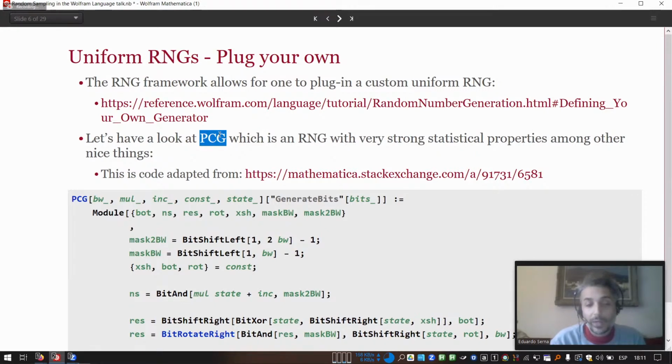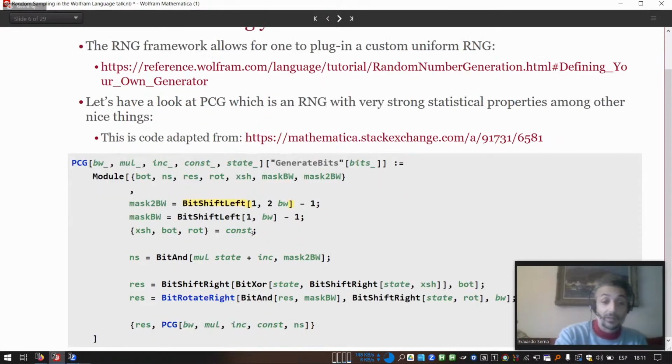I wanted to bring it up because, first of all, it's state of the art, so it's possibly in many ways the best one there is. We haven't had time to add it, but we really should add it to the family that we support natively.